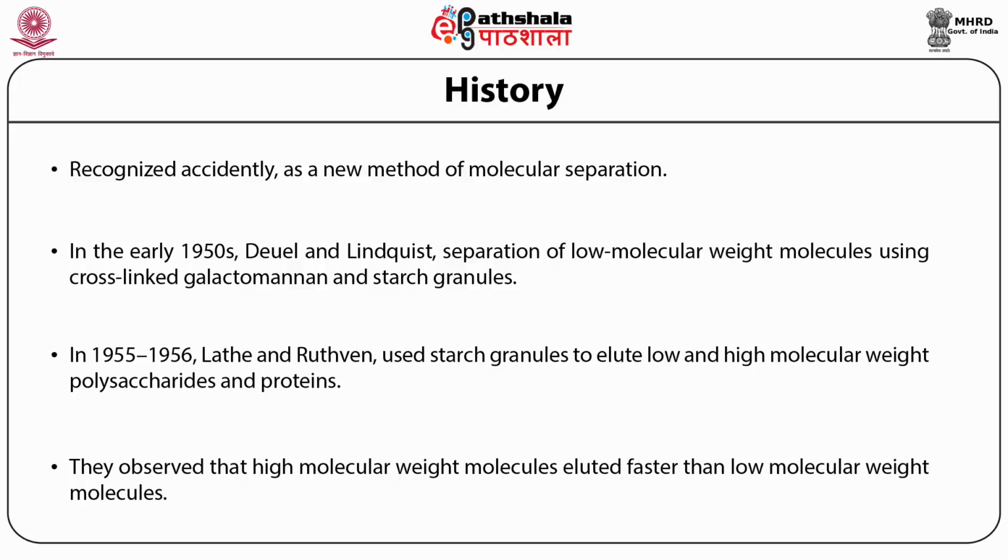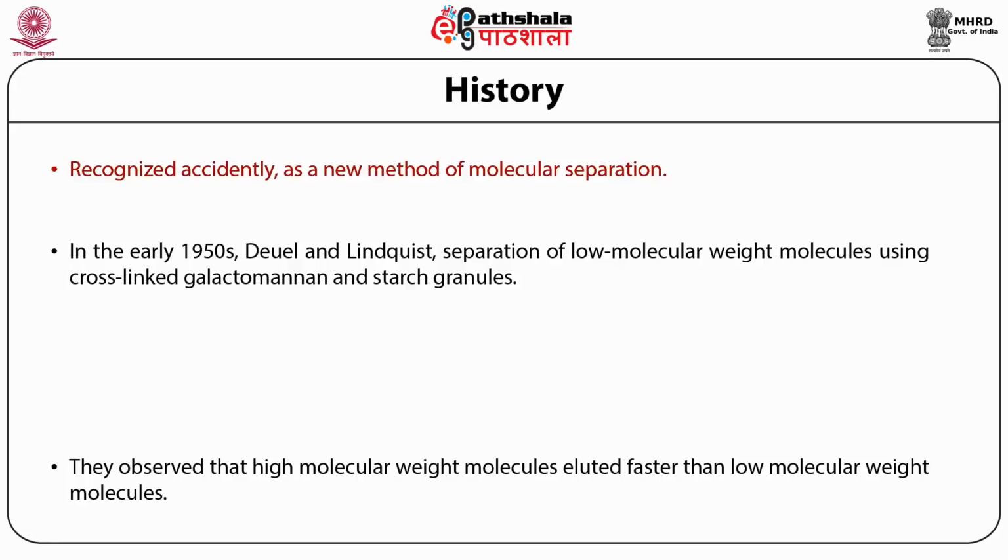Nearly 50 years after Tswett discovered column liquid chromatography, gel filtration chromatography was first recognized accidentally as a new method of molecular separation. In the early 1950s, some researchers noted that neutral small molecules and oligomers were eluted on the basis of decreasing molecular weight from a column of cross-linked polystyrene ion exchange resins.